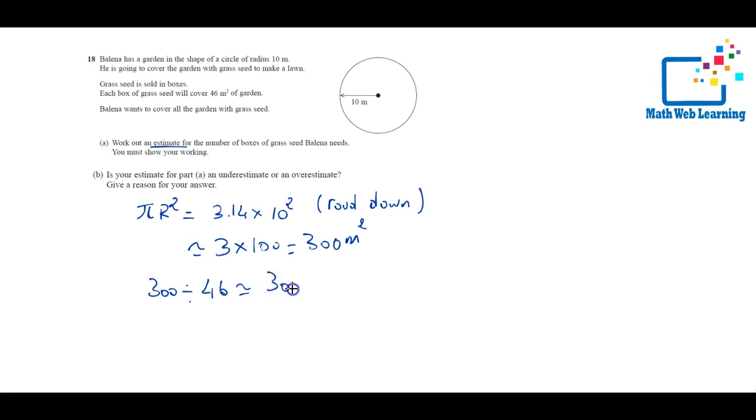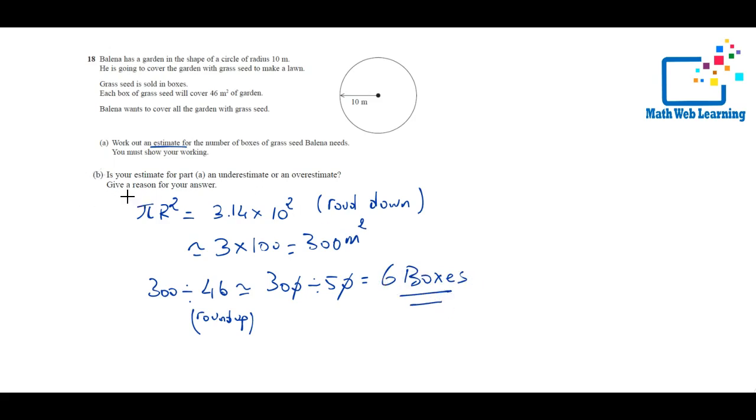So it's 300 divided by 50. So here we round up. And the answer, of course, is going to be 6 boxes. Okay, so that's the answer.